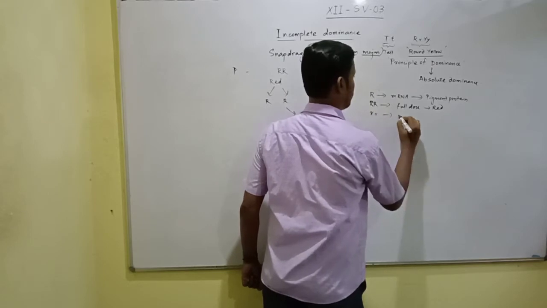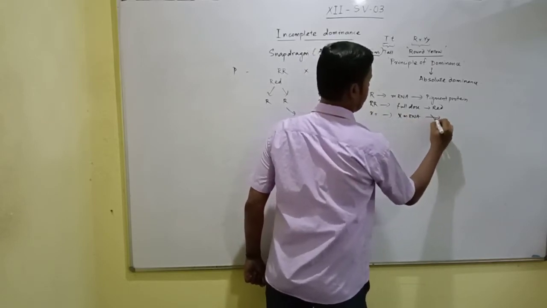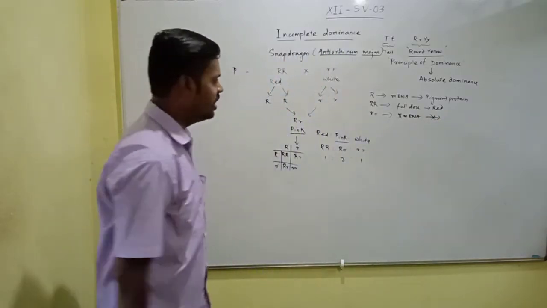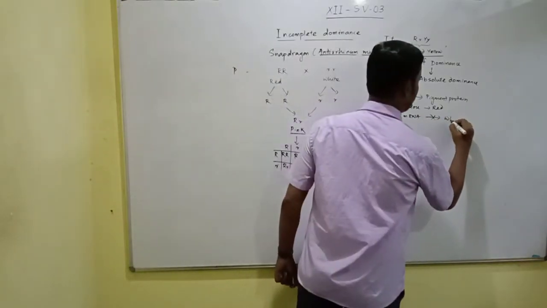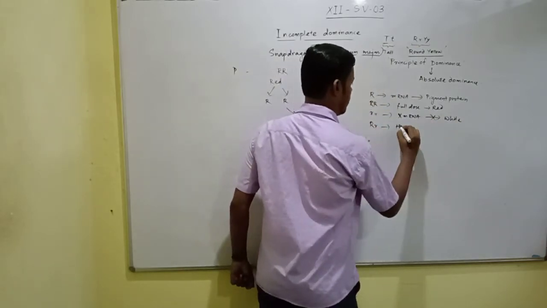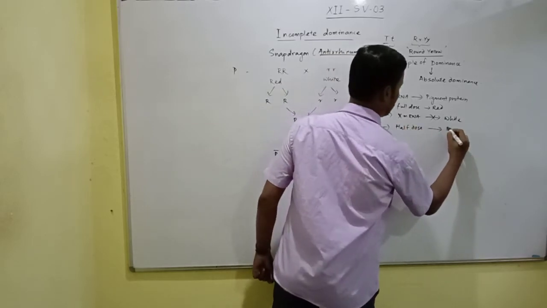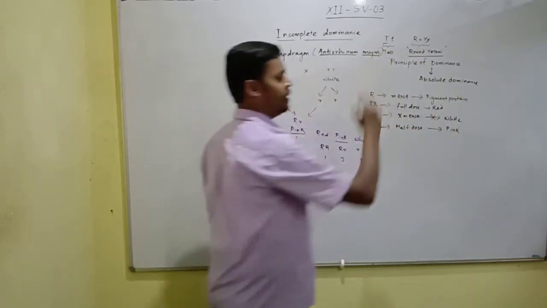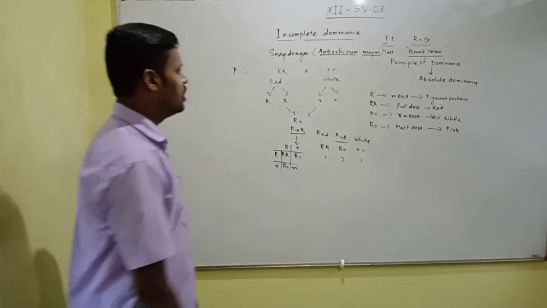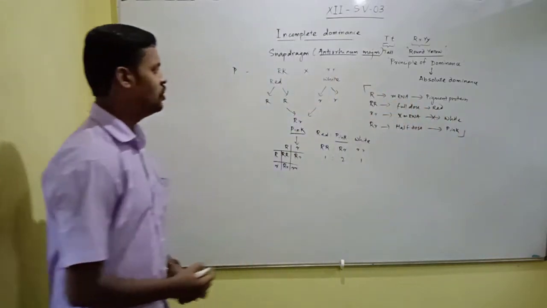When rr, no mRNA, so no pigment, that will lead to white. But when it is Rr, this is half dose, so it will be pink. So this is your incomplete dominance, explained as such.